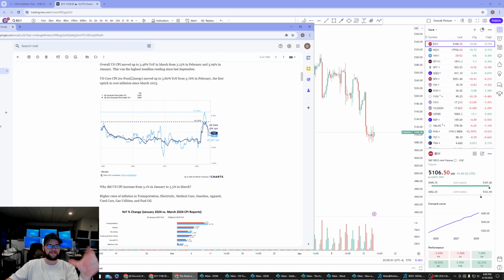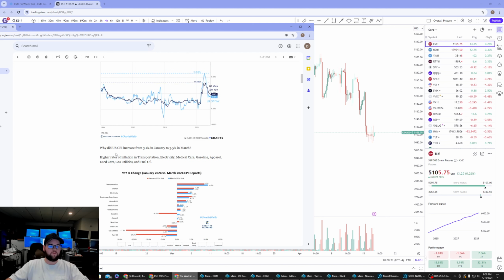So not only did the headline CPI print continue higher, but the core print as well moved up to 3.8% year over year from 3.76% in February. That was the first uptick in core inflation since March of 2023, so over a year.